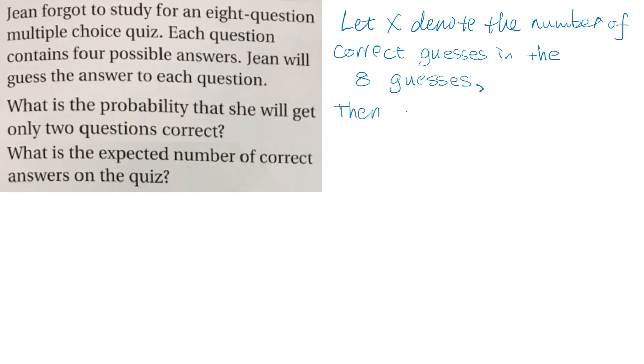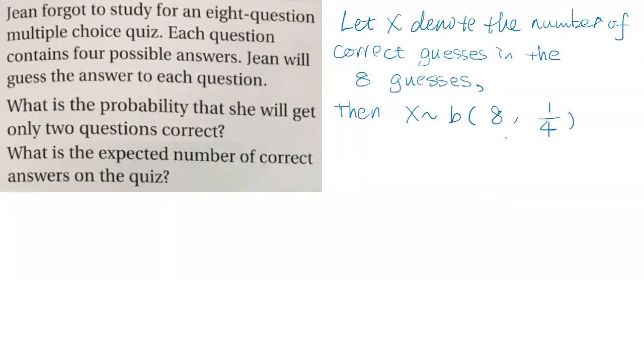So here x is a random variable that yields to a binomial distribution. The first parameter is 8 because we have 8 trials here. The second parameter is the probability of guessing correctly on each question. That means 1/4, right?